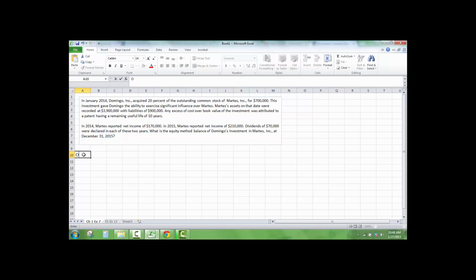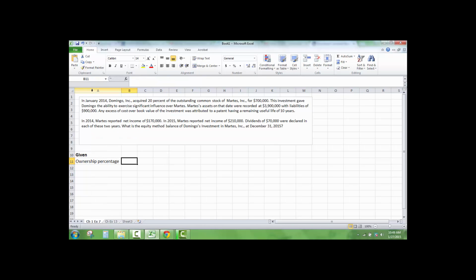So the very first thing I do is write down the given information. I have ownership percentage, 20%, so they own 20%. Cost, $700,000.